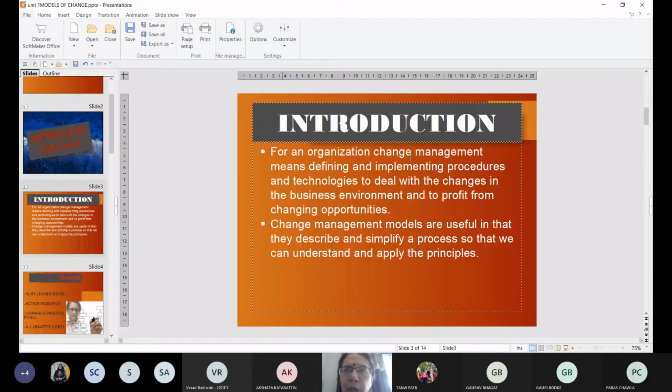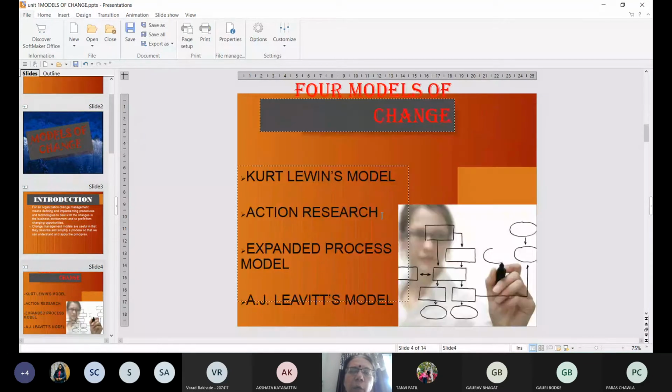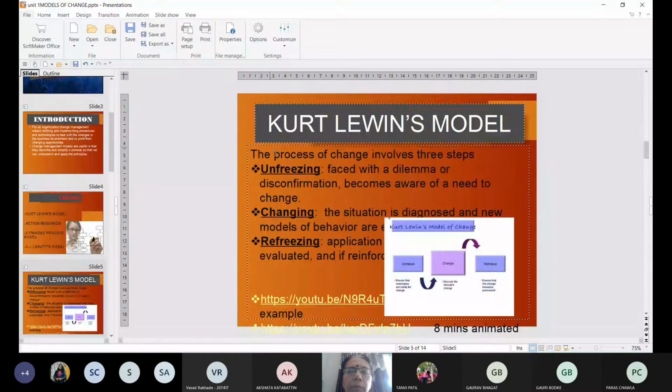So these change models which we are going to study are helpful to understand how change takes place in your organization. So let's begin with the first model, that is Kurt Lewin's model. This model is the simplest change management model where you have 3 steps. First step is unfreezing.